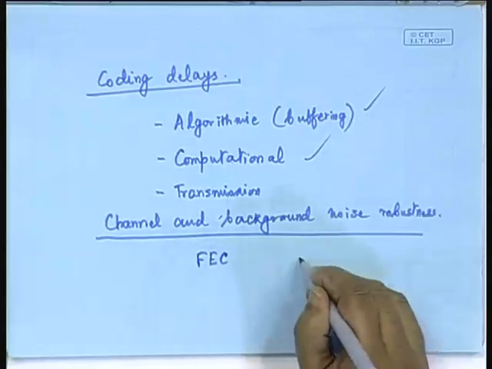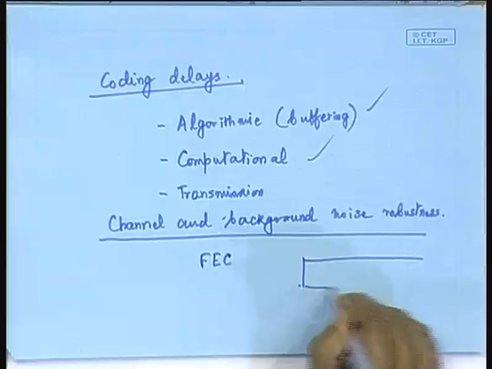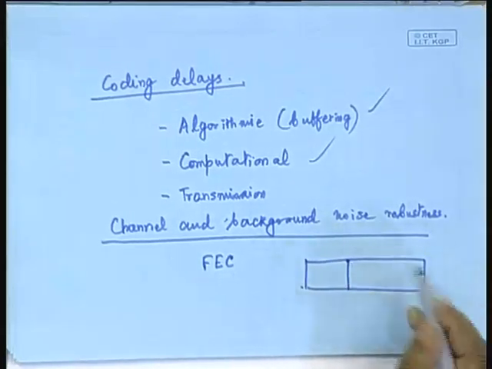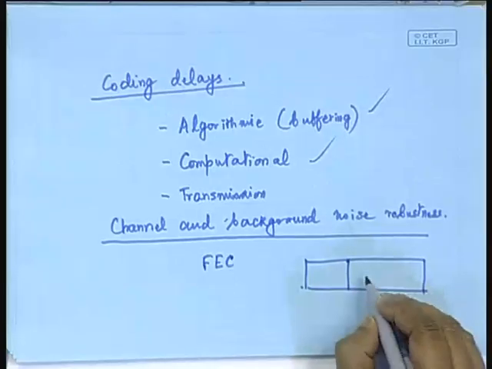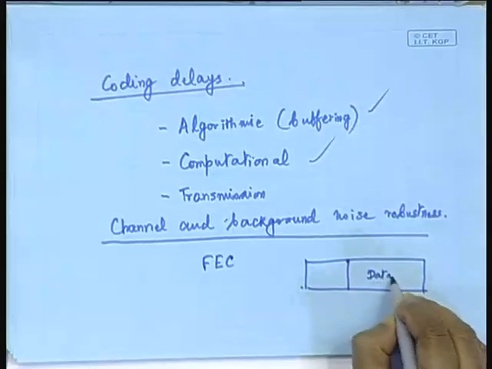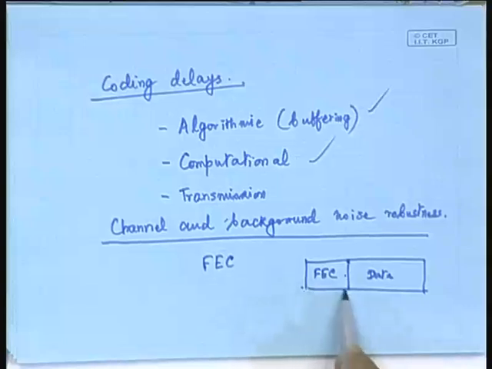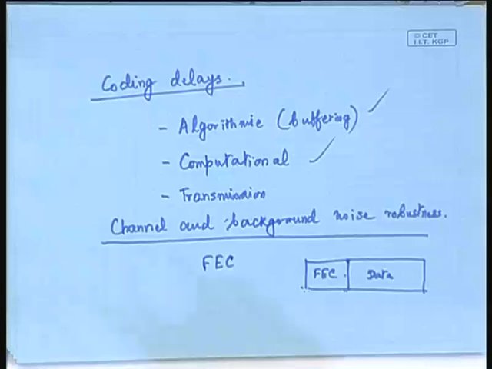So, FEC requires a substantial fraction of the bit stream: if your actual data bit stream, or the speech samples, takes this much, your FEC may be taking this much. Since error robustness requires a lot of extra information to be sent, it tends to be somewhat inefficient.